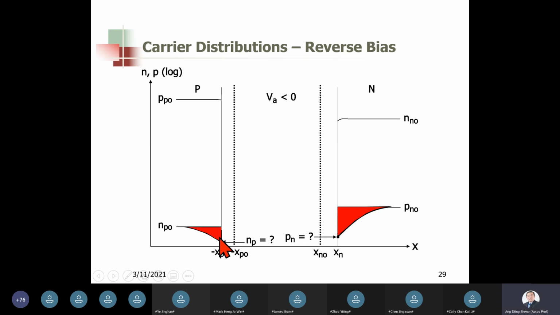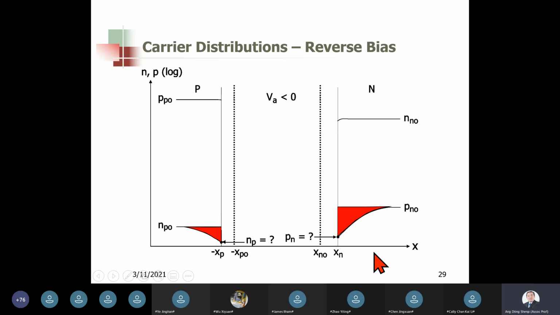And this curve here that appears to merge with Np0 shows you how the electron concentration varies with distance in the quasi-neutral P region. Now, the shaded red region here is simply to indicate a deficit of minority carriers under reverse bias condition.